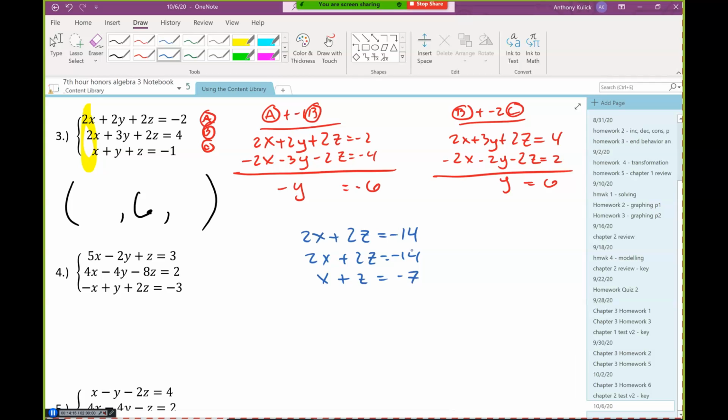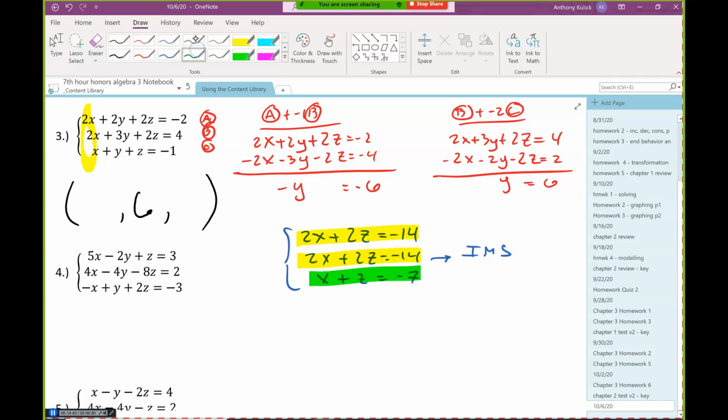And now right away, we can tell that there's infinitely many solutions here, because these 2 equations are exactly the same. And this equation is clearly a multiple of the other, or the other 2 are clearly a multiple of that one. So no matter which 2 equations you pick, it's an infinitely many solution situation. Is that cool?